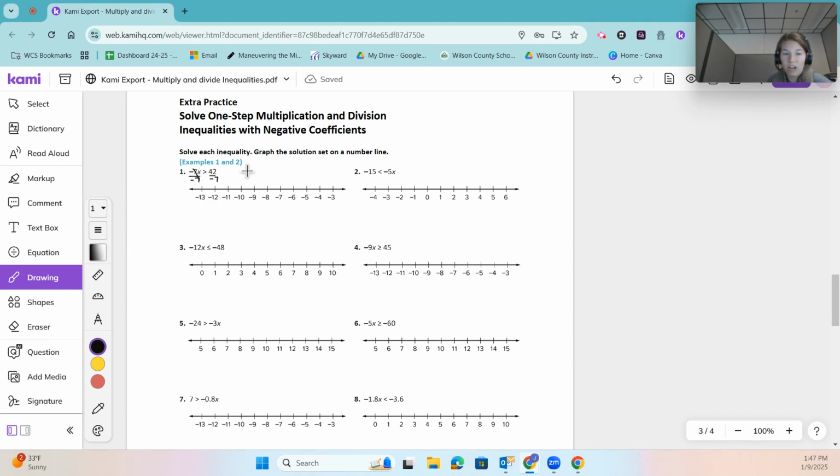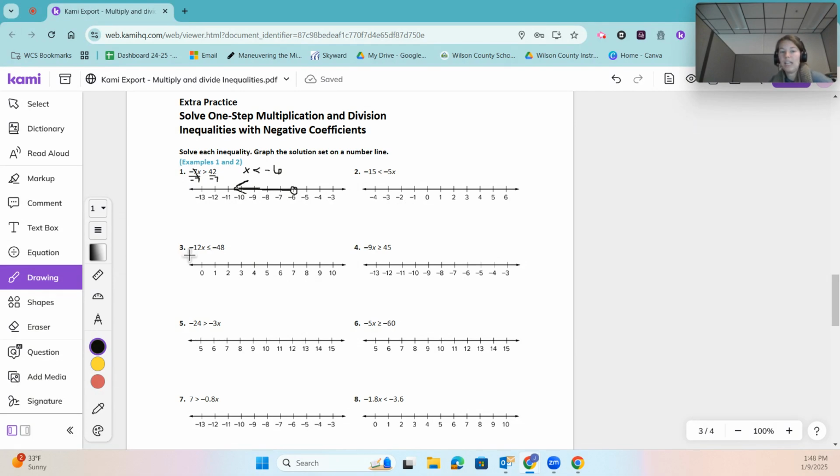So x is now less than, because my greater than becomes a less than symbol, and 42 divided by negative 7 is negative 6. Then I follow my graphing rules the same. Because I divided by a negative, I flipped the symbol. So again, open circle at negative 6. x is less than negative 6, so I draw it in the direction of the numbers that are less than.